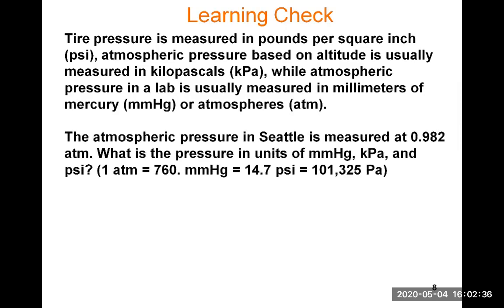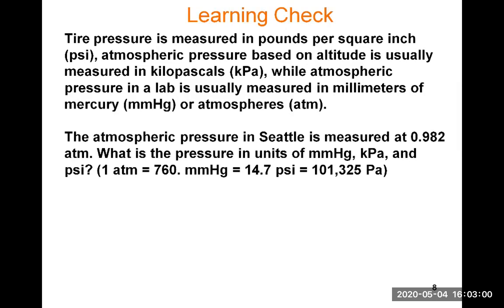So let's learn how to convert units of pressure, and we will use this exercise for that. The atmospheric pressure in Seattle is measured at 0.982 atmosphere. What is the pressure in units of millimeters of mercury, kilopascal, and psi?